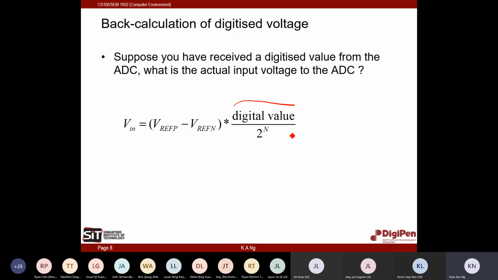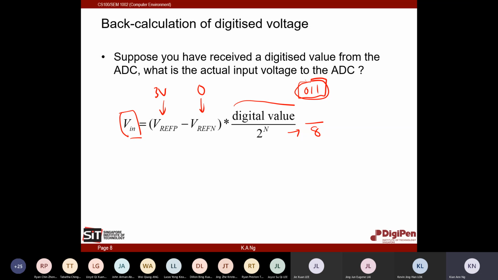Let's do a 3-bit ADC. With a 3-bit ADC, your maximum range is 8, and then you read a digital value 011 from an A to D converter. What does it mean in the actual analog voltage? You can back calculate. If your Vmax is 3 volts and your Vmin is 0 volts, and your ADC gives you this value, you can actually back calculate what voltage it is actually reading.